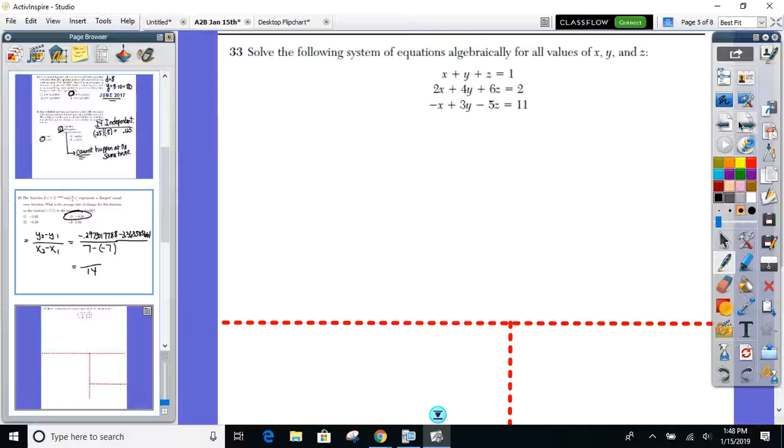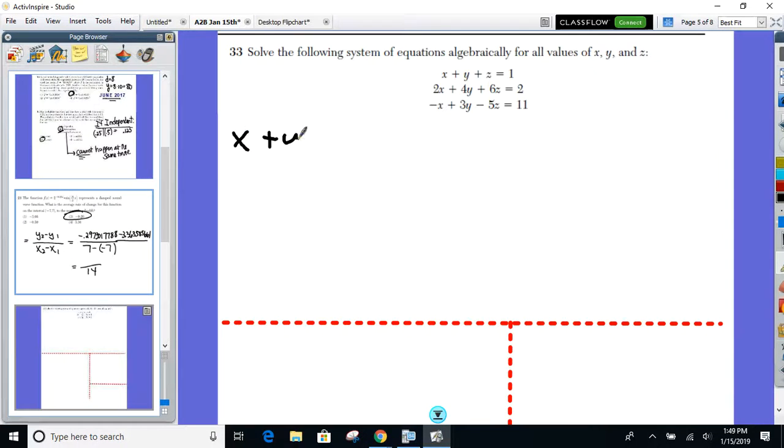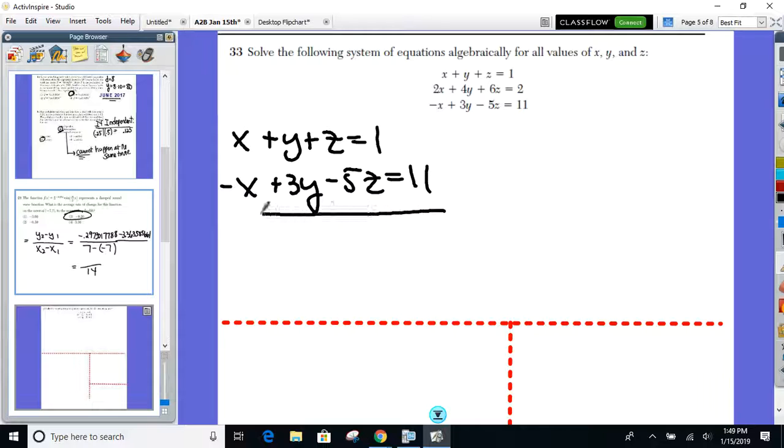All right, here we go. First step, pick 2 equations. Let's eliminate a variable as a class. 1 and 3, eliminate x, I'm assuming. Okay, you got it. X plus y plus z equals 1. Negative x plus 3y minus 5z equals 11. All right, help me. X's are gone.